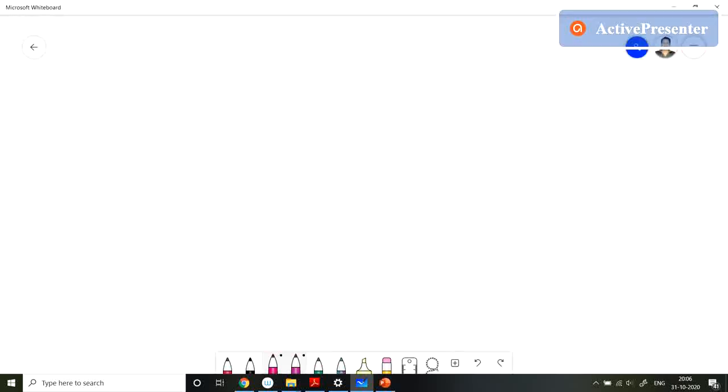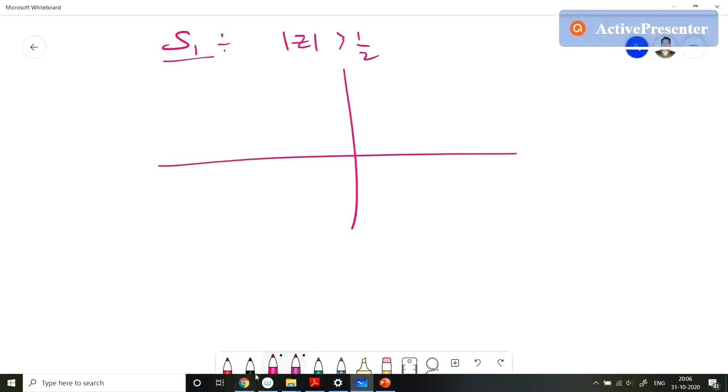Now let us discuss S1 first. The ROC is given as modulus of z greater than 1/2.